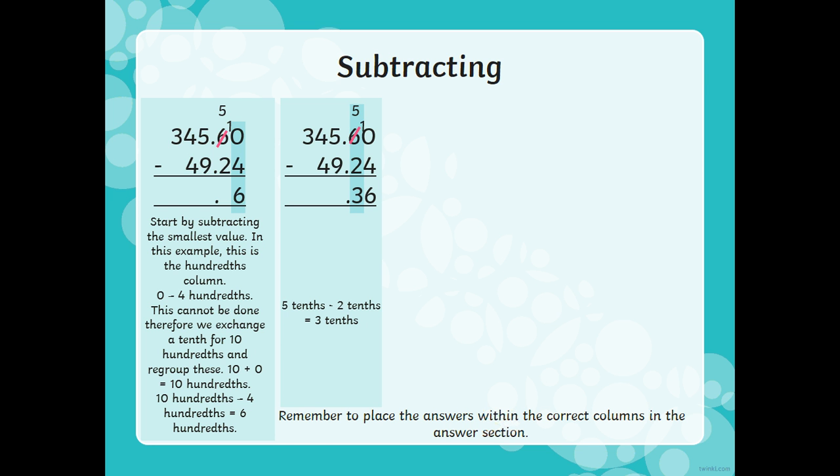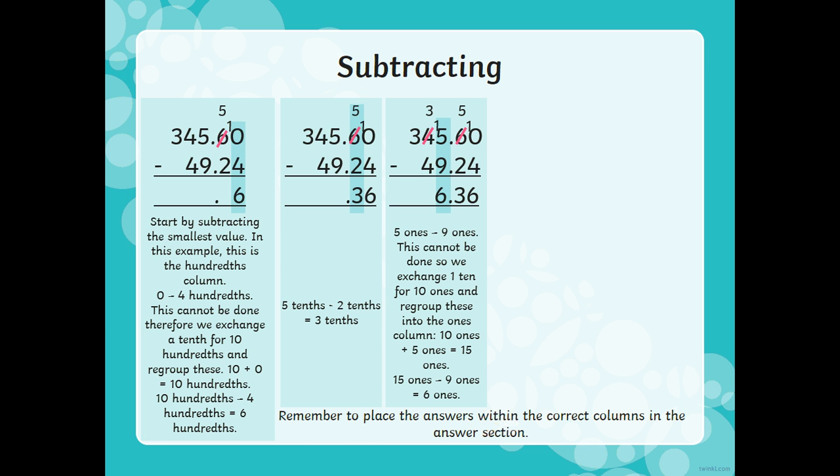We now have 5 tenths subtract 2 tenths equals 3 tenths. 5 ones subtract 9 ones. This cannot be done, so we exchange 1 ten for 10 ones and you regroup those into the ones column. So now you've got the 10 ones add 5 ones equals 15 ones. 15 ones subtract 9 ones equals 6 ones.